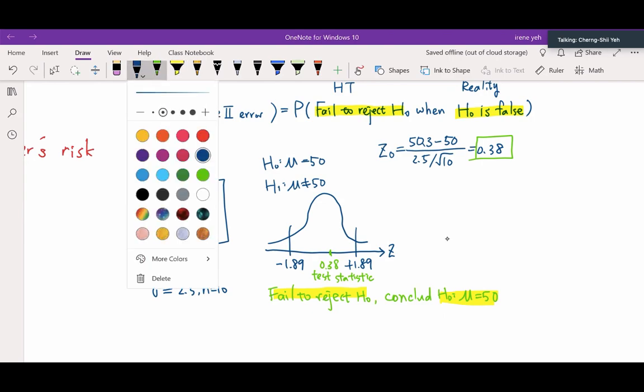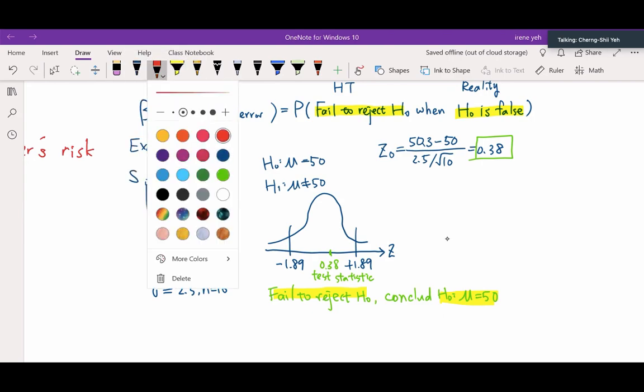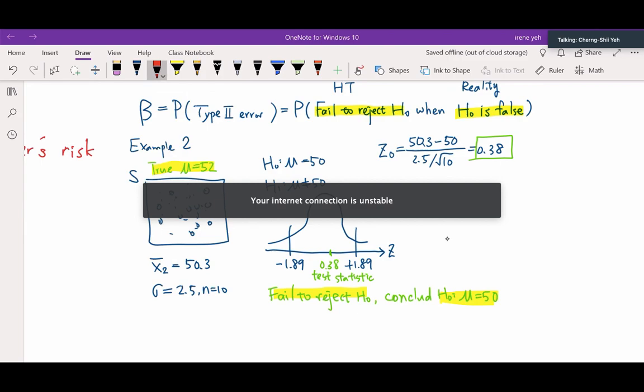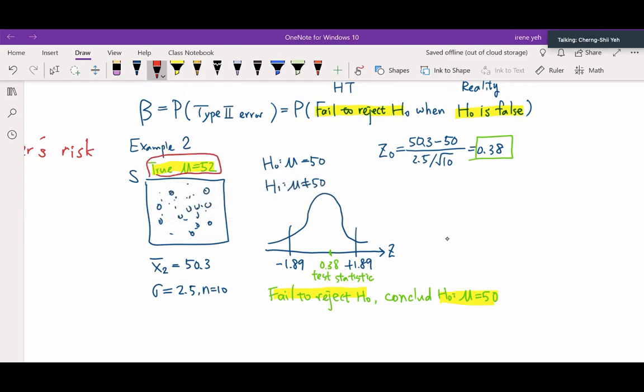This happens. Let me sketch the real distribution. This one right here, in red, and I'm going to sketch it slightly on the right, because in the blue distribution the population mean is 50. I'm going to extend this line right here. The red distribution is my true population mean. It is slightly on the right-hand side of my hypothesis population, but they do overlap.